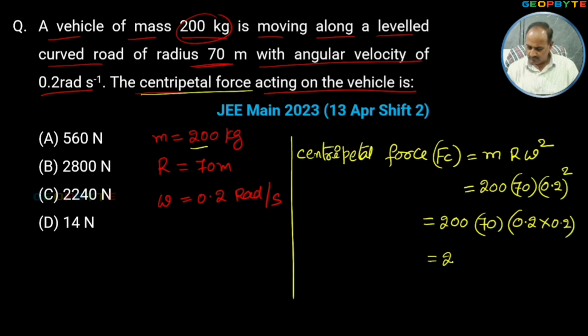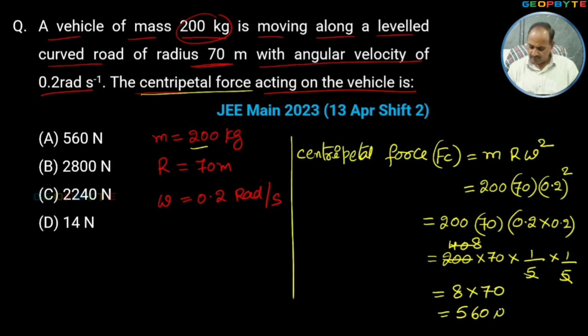It is equal to 200 into 70 into, 0.2 can be written as 1 by 5, similarly into 1 by 5. Now 5 8s are 40, so it is finally 8 into 70, which is equal to 560 newtons. That is the answer.